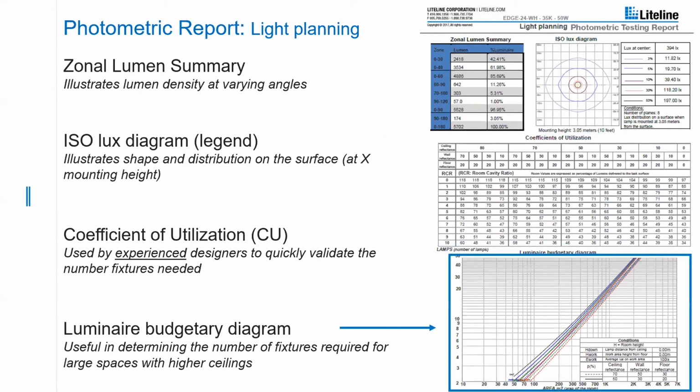The luminaire budgetary diagram is a simpler version of this, where room cavity ratios don't need to be known. All you really need is your mounting height and area. Based on your mounting height and area, you can figure out how many luminaires you will need to light that space to 100 lux, which is 10 foot candles.